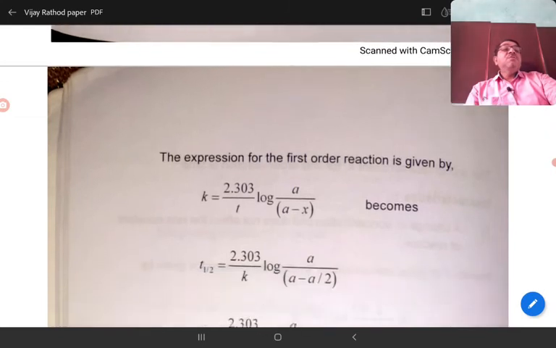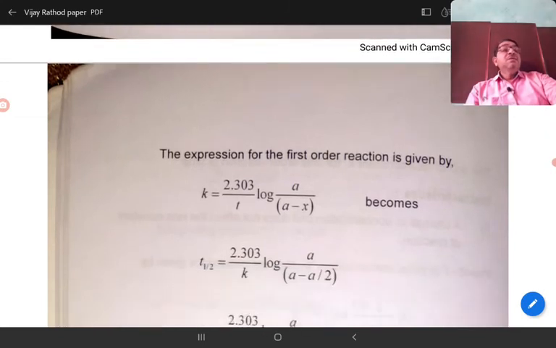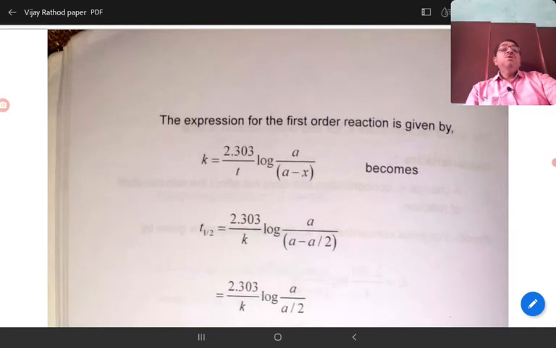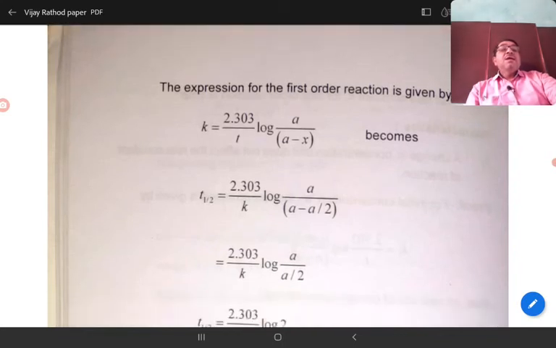the expression for the first order reaction, which we know, that is k is equal to 2.303 divided by t log of a upon a minus x. So after putting the values for a and x, we get t half is equal to 2.303 divided by k into log of a upon a minus a by 2.